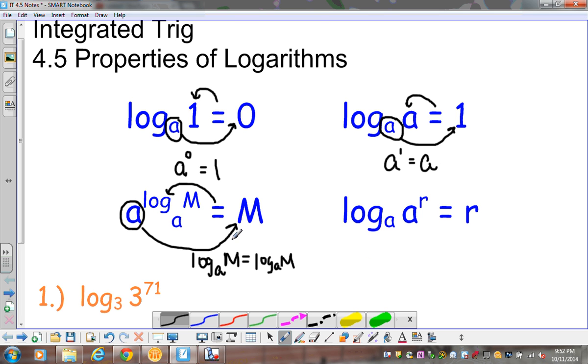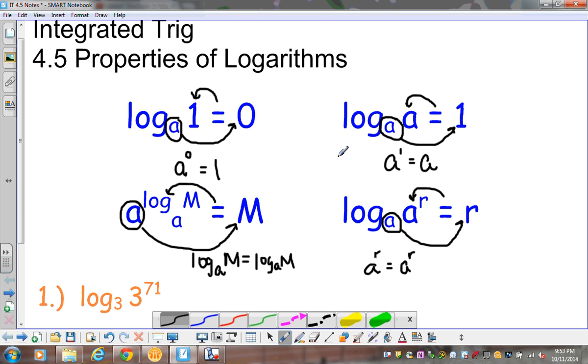That's just explaining that one. This next one, guys, is in logarithmic form, so I want you to convert it to exponential. So it's going to be a raised to the r equals a to the r.